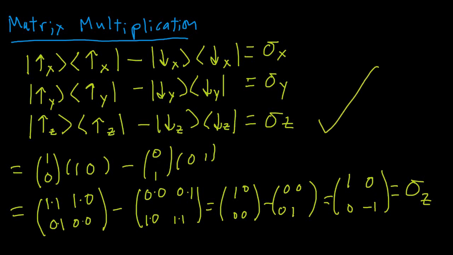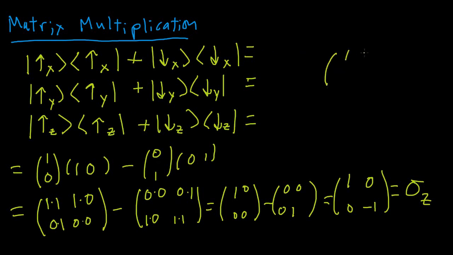Ta-da! Actually, let me just sneak in another funny little point, which is that if you were to make each of these minuses a plus, they would all be equal to the same matrix, which was 1, 0, 0, 1.